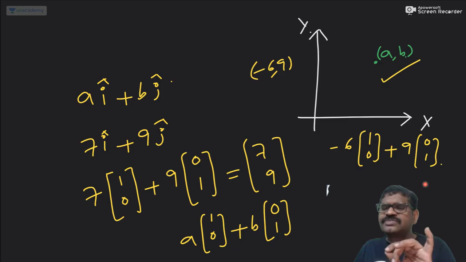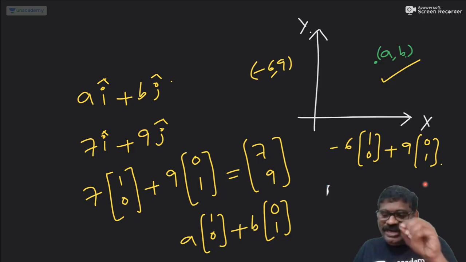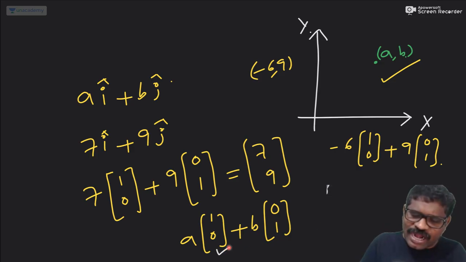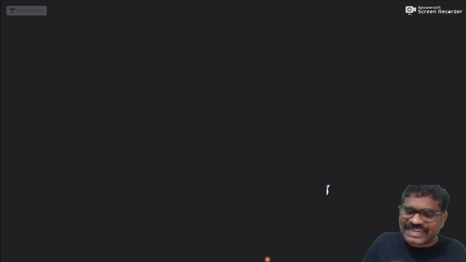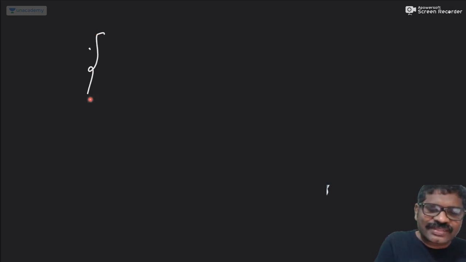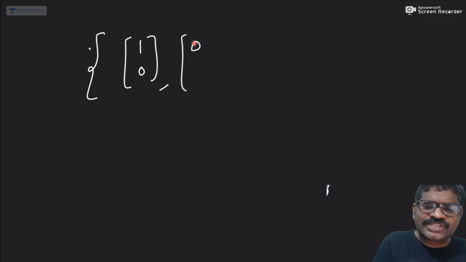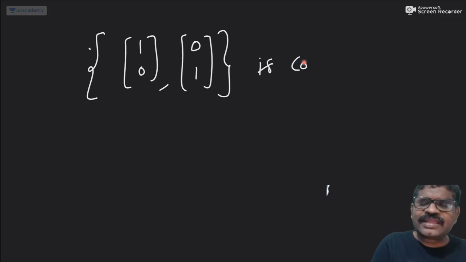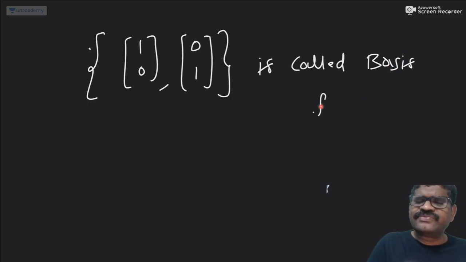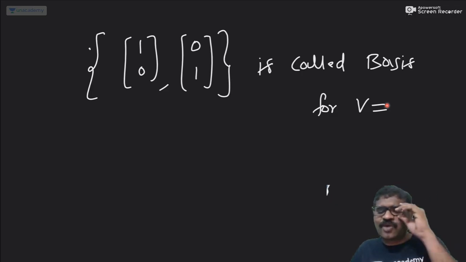now if you write this (1,0) and (0,1) in one set, a set consisting of (1,0) and (0,1) is called a basis for a two-dimensional vector space. Sir, how can you know that V is a two-dimensional vector space?